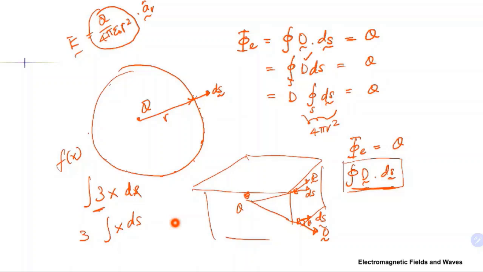Okay. So the point I'm trying to get is that you have to choose a Gaussian surface that gives you constant electric flux density around that surface. So for a point charge, it will be a sphere that will be constant, so that you can make the integration simpler.